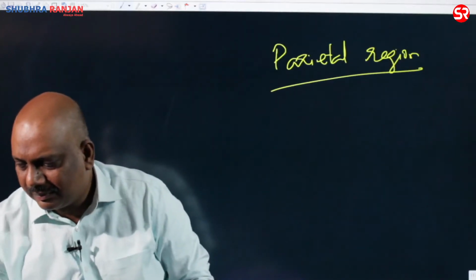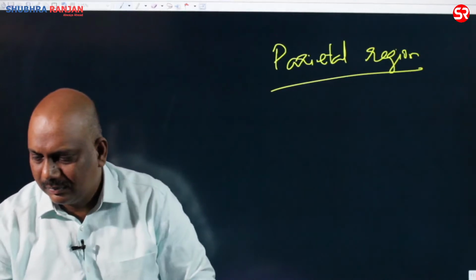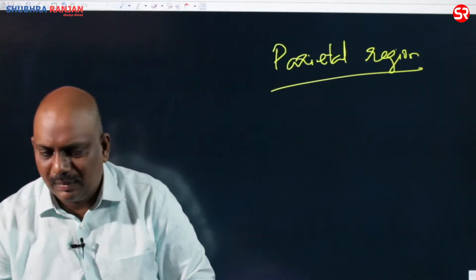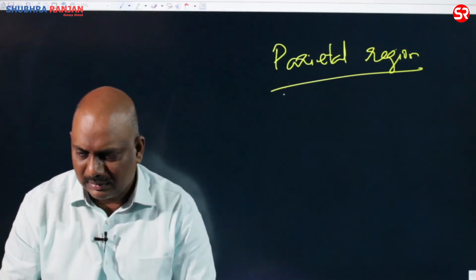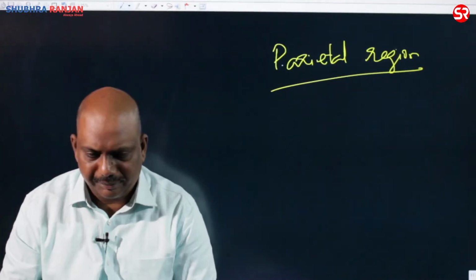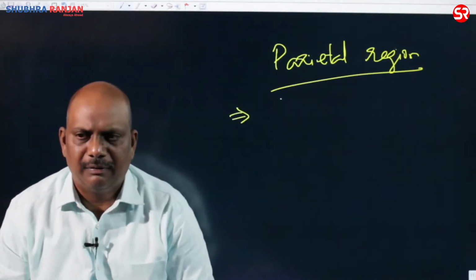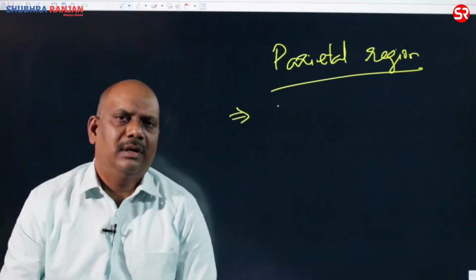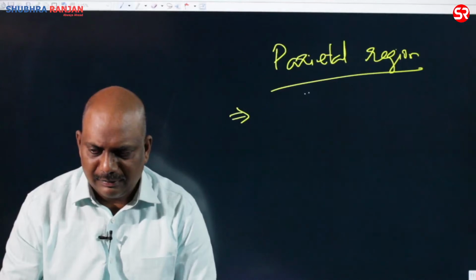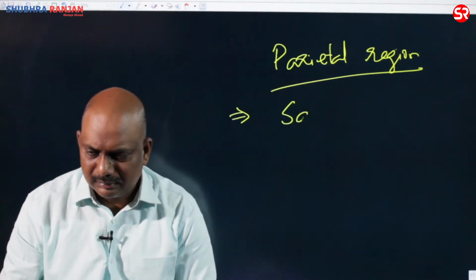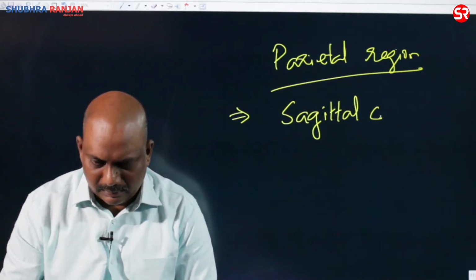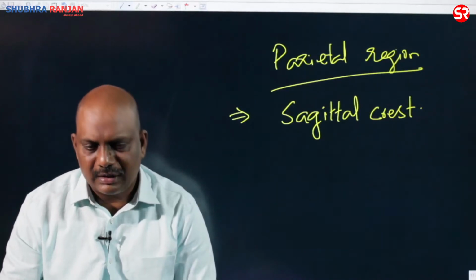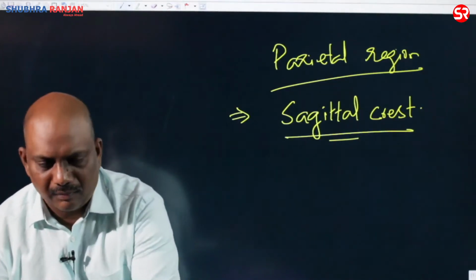Okay, two important developments. Next, a very important aspect of the cranium, the head of Australopithecus, is the presence of the sagittal crest.